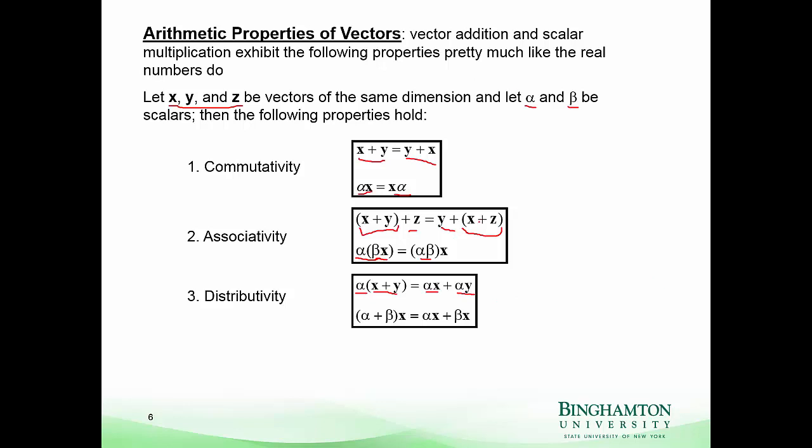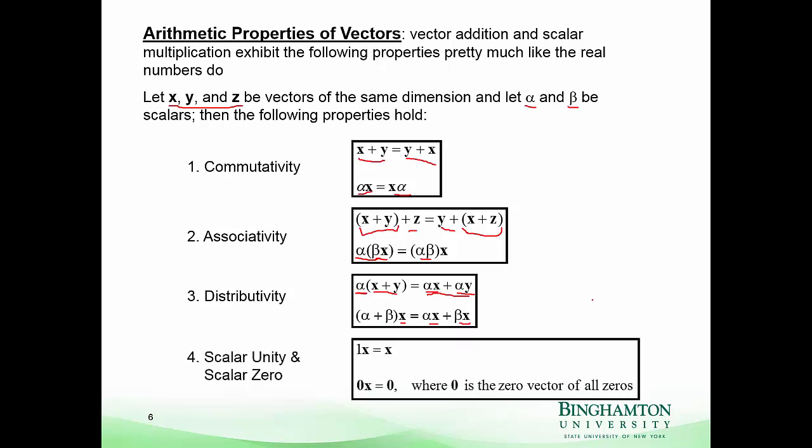So in other words, I can distribute alpha through a vector sum. But I can also distribute this vector x through a scalar sum. And then we have the idea of scalar unity. So the number 1 times any vector x just gives us back x.